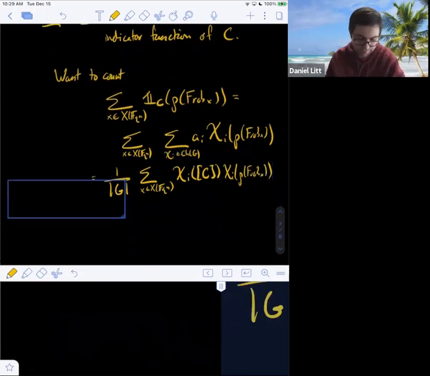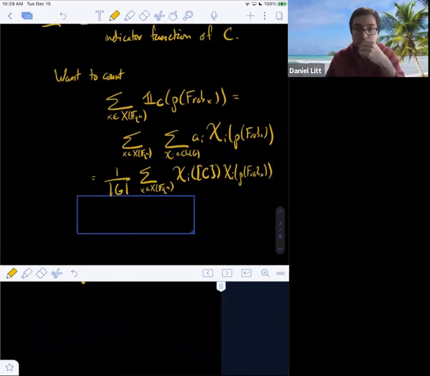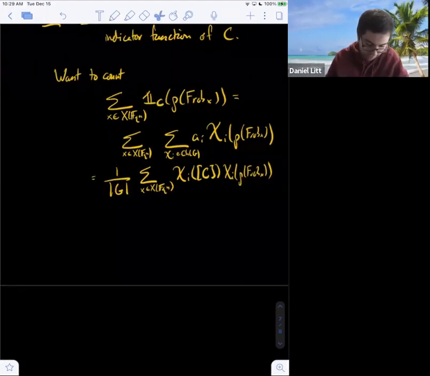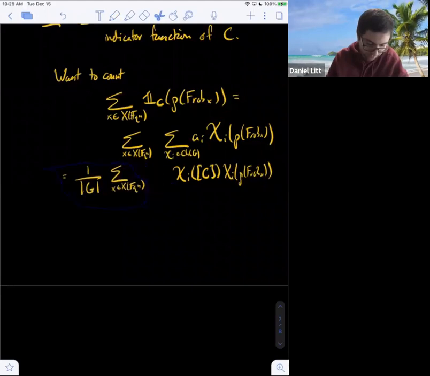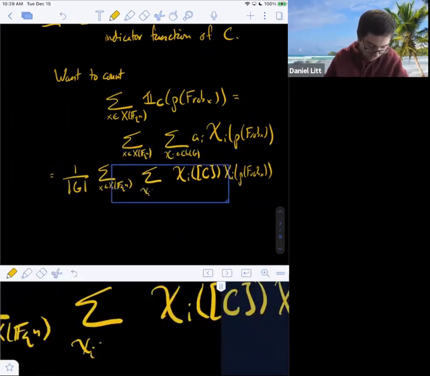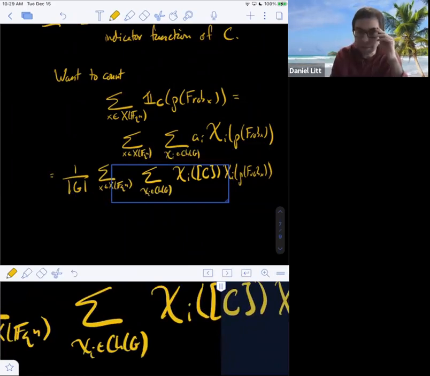Do you guys agree with this? Oh, sorry, there should be another sum. I keep missing the sum over characters.